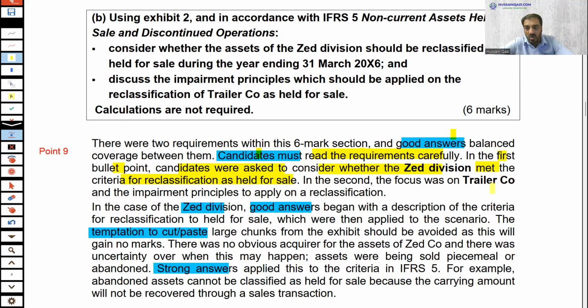Okay, ignore trailer right now. Next video. In the case of Z division, good answers begin with the description of the criteria of reclassification as held for sale, which were then applied to the scenario. Knowledge, application, both are important.